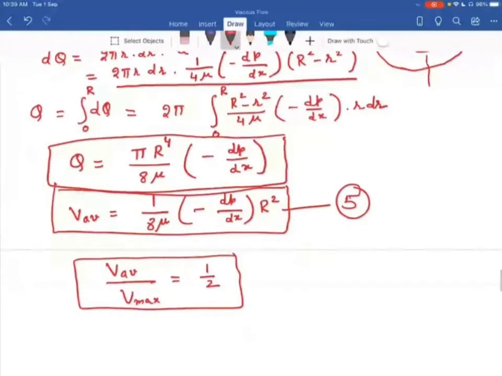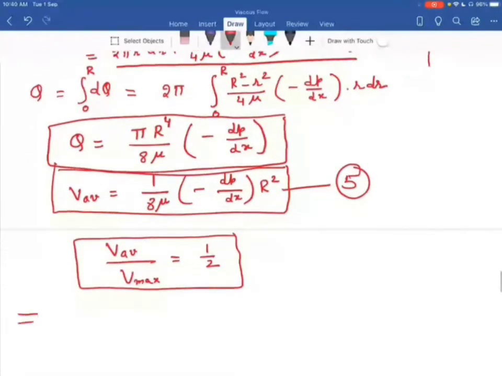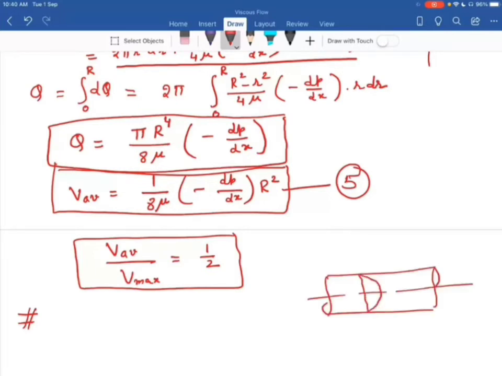Now here we find out one more additional thing. Now we have this circular pipe. The velocity variation is parabolic in nature. At the center, the velocity is V max. Along the walls, velocity is 0.